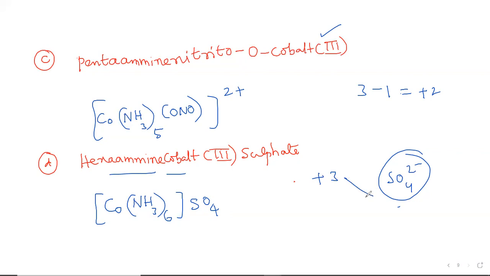Then you apply the crisscross method and write SO4 thrice. So SO4 thrice is -6 charge, and this cobalt coordination sphere charge is +6 in total, so the total charge is neutralized. So these are the examples.